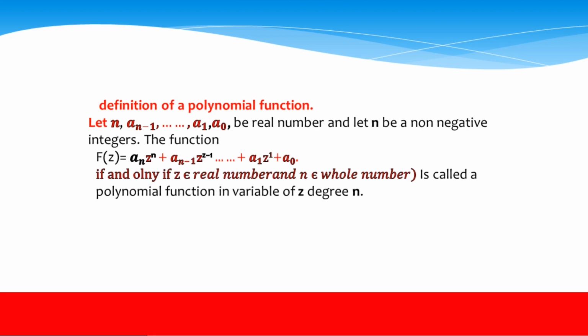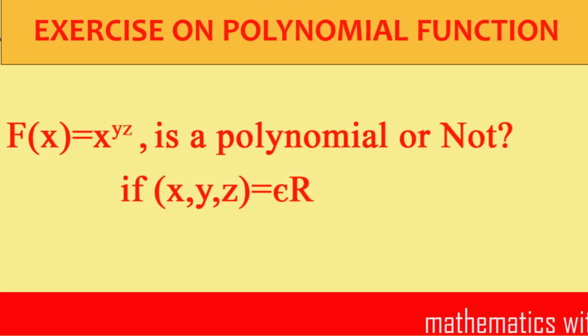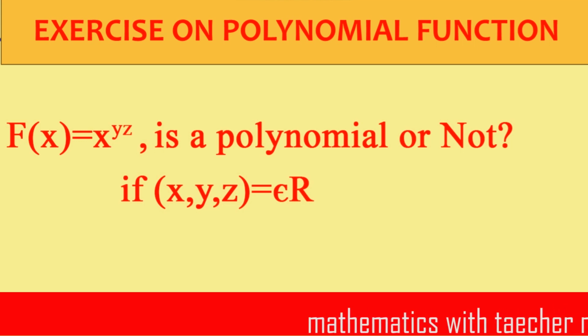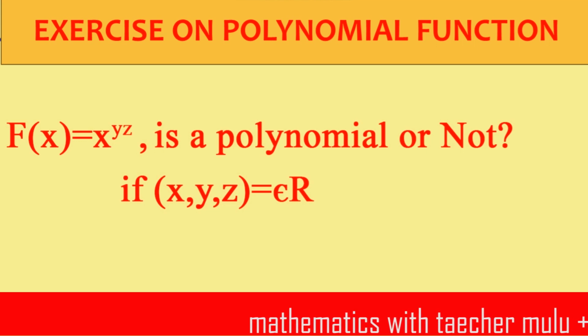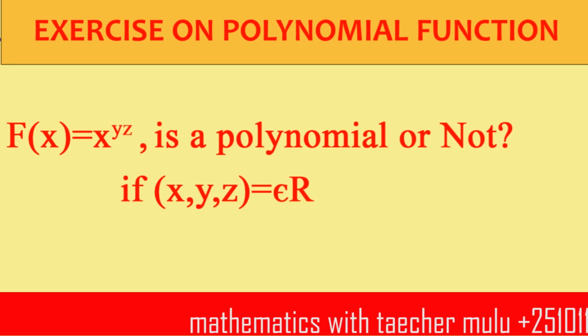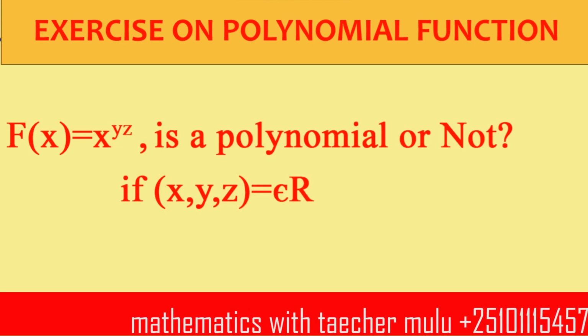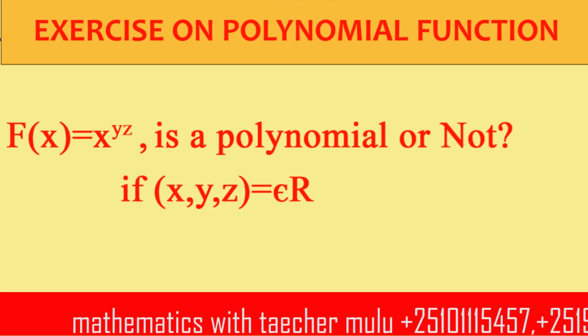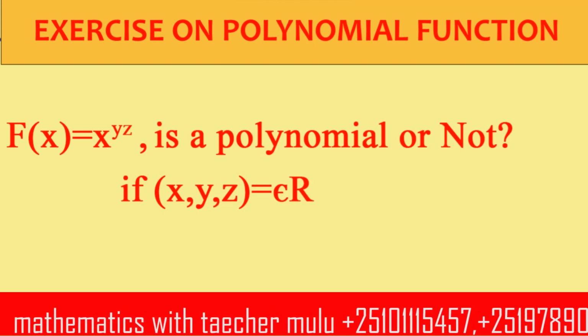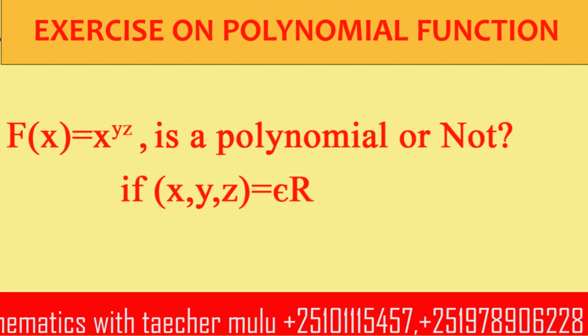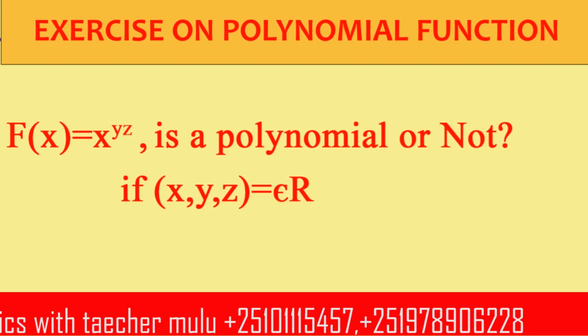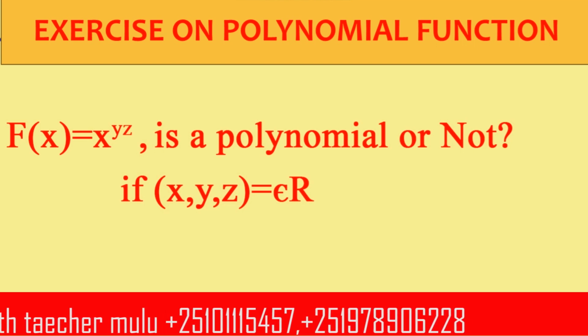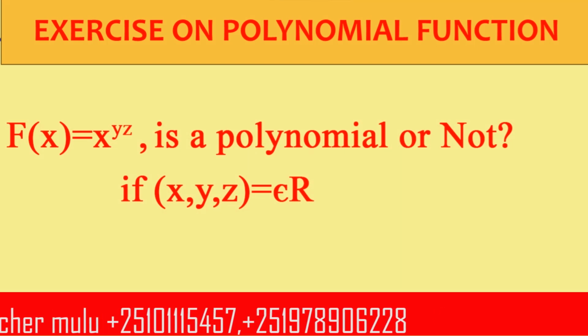So after seeing these definitions of polynomial functions, let us proceed to answer the question. f(x) = x^(yz): is it a polynomial or not? If x, y, z represent elements of the real numbers, first and foremost you have to identify which symbol is the variable in this polynomial function.